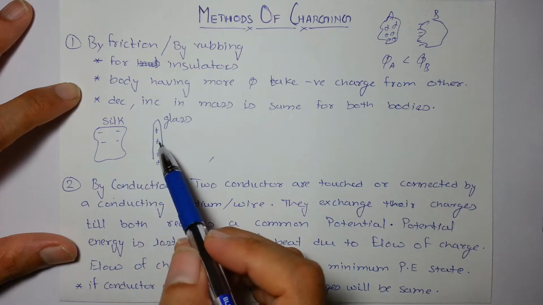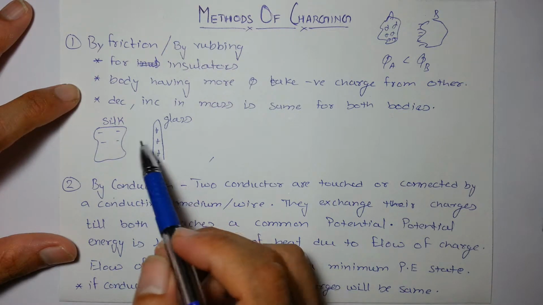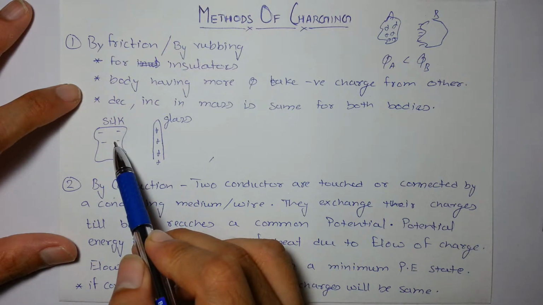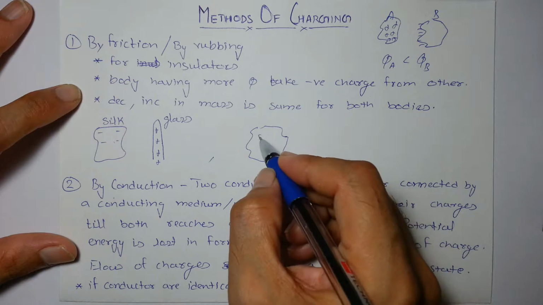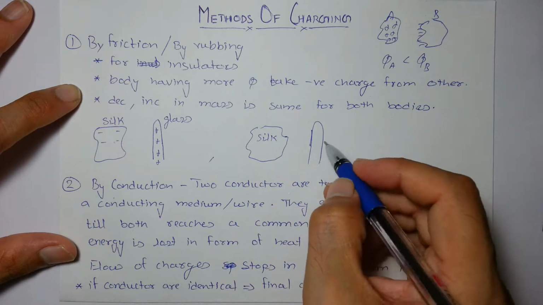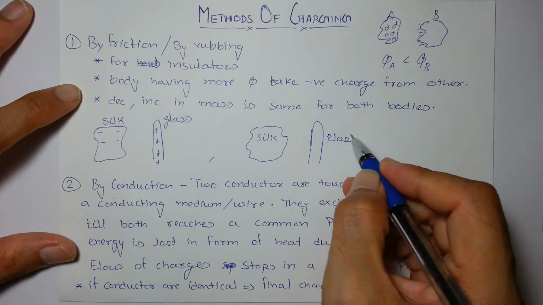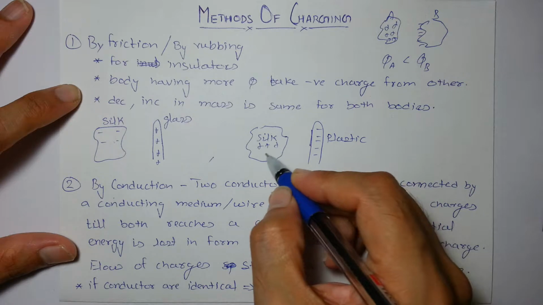The example is silk and glass. When you rub silk with glass, glass acquires positive charge and silk acquires negative charge. There is some type of plastic which, when rubbed with silk, acquires negative charge and silk acquires positive charge.